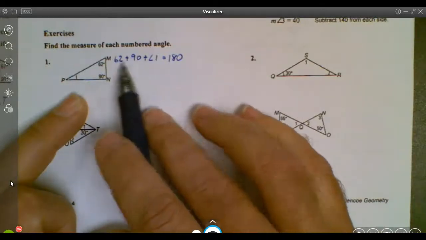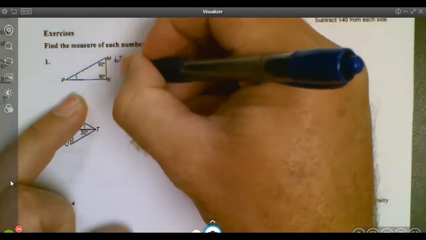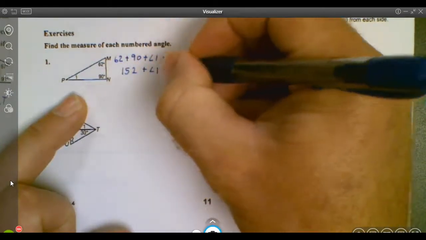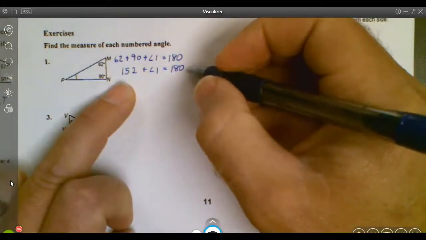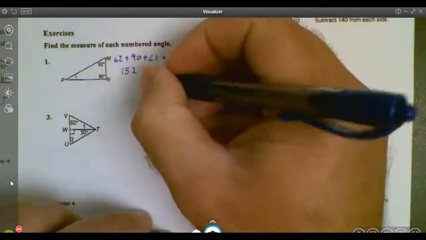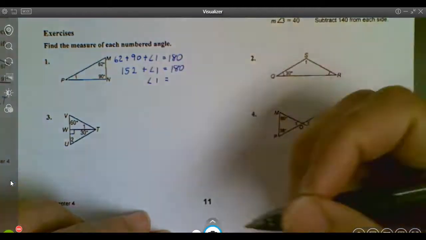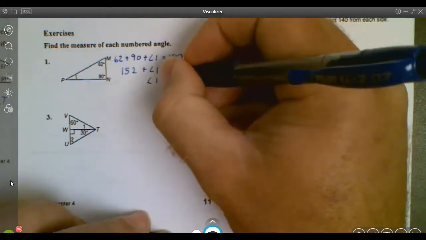So if I add those guys together, they're going to come out to be 152. So if I always subtract the two angles that I know from 180, that's going to leave me with that third angle. So if I subtract 152 from both sides, then we figure out that our missing angle would be 38.